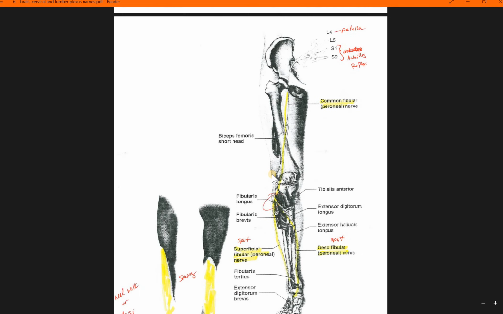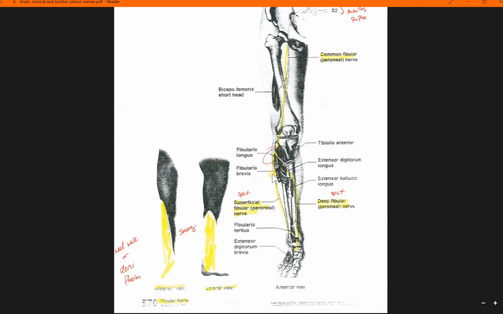This one you're going to do the Achilles reflex. That means you're going to strike the Achilles tendon with your reflex hammer to see if you elicit a reflex response. So that's a test you can do. Sensory would be pinwheel and Q-tip over basically the fibular bone area. Does this feel the same as this?